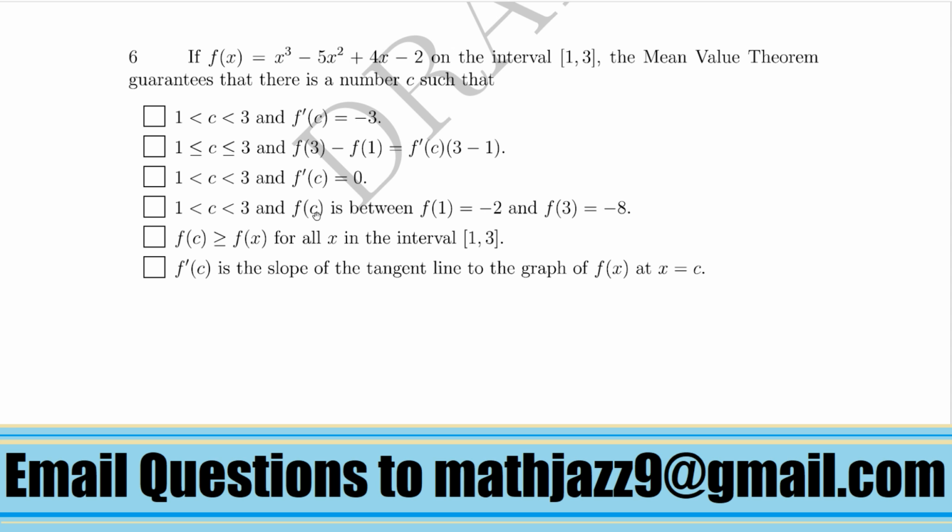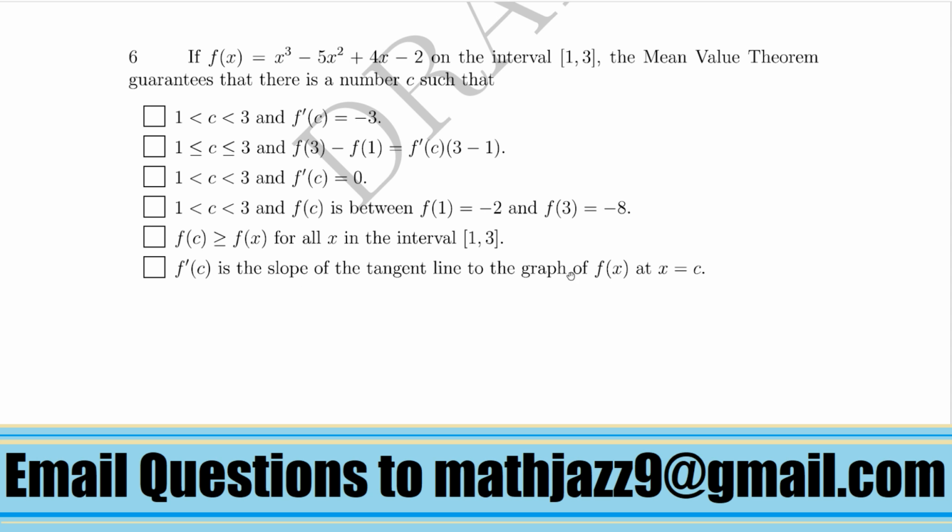Because we know that f prime of c is going to be -3, and -3 is between -2 and -8. But we don't know. The mean value theorem doesn't say things about f, it says things about f prime. And again, this is a statement about f. We don't know that from the mean value theorem. f prime is the subject of the mean value theorem.